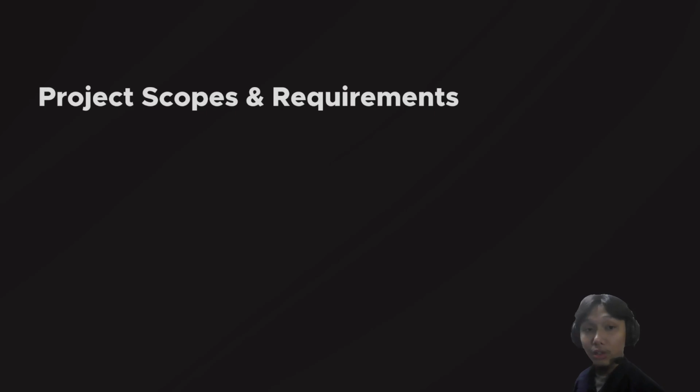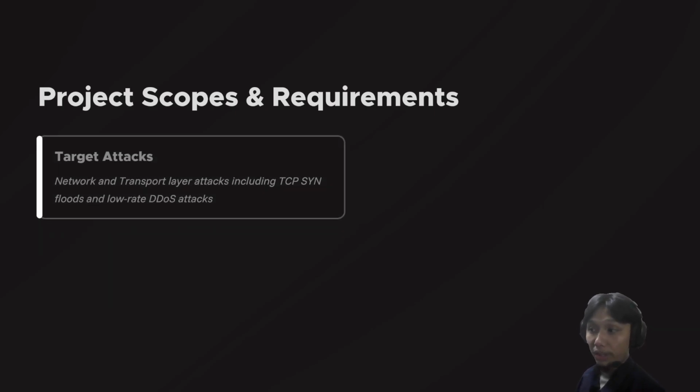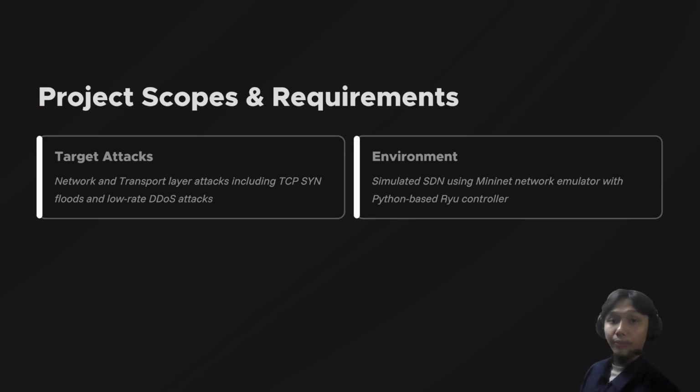And then the project scope and requirements, which are what I will be using for this research. We will simulate the target attacks, network and transport layer attacks, including TCP SYN flood and low rate DDoS attack, which is the baseline poisoning. The environment where we will test this research is a simulated SDN using the Mininet network emulator with a Python-based Ryu controller.